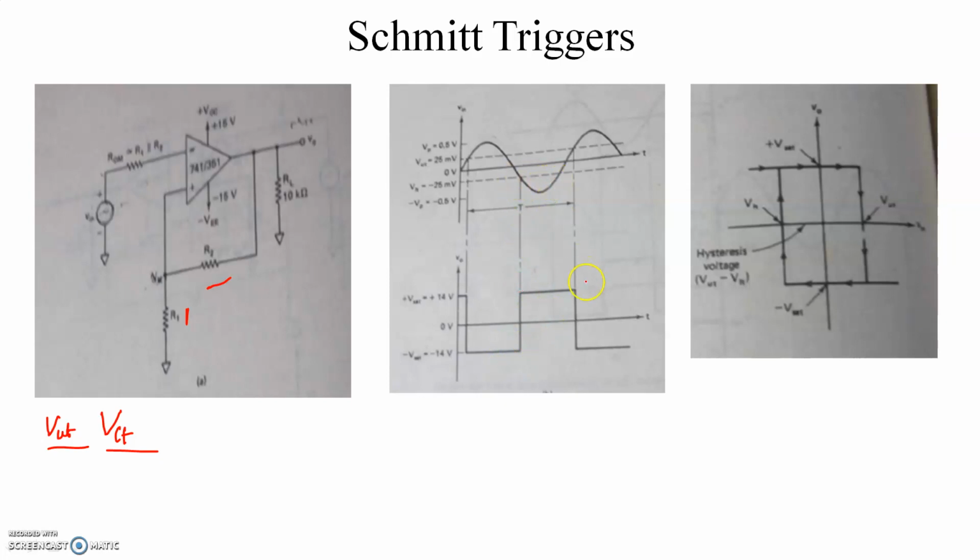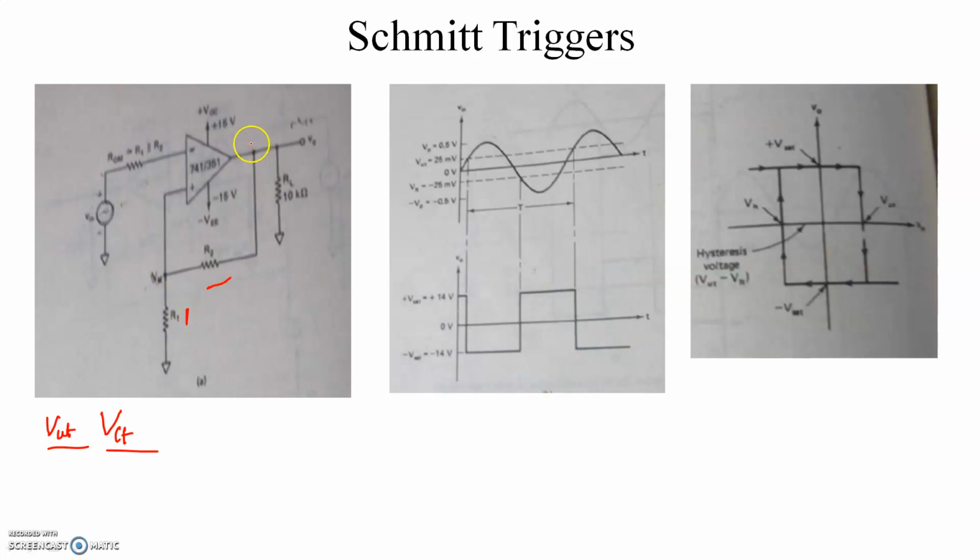It continues until the input voltage is again slightly more positive than the upper threshold voltage. When the output switches to plus V saturation, the voltage across R1 switches to VUT, and when this condition is satisfied, the output voltage switches to minus V saturation.